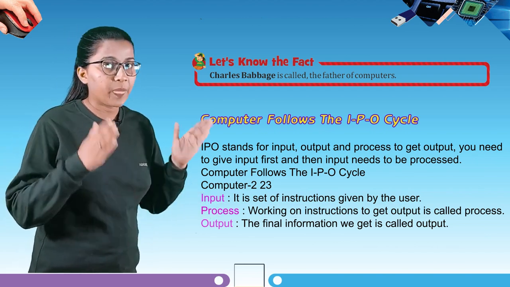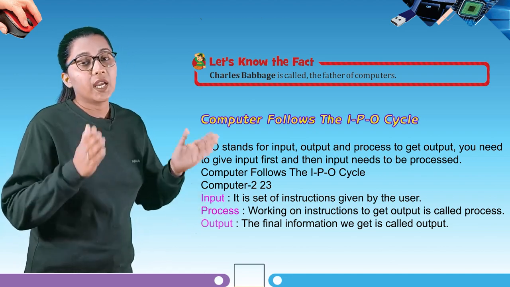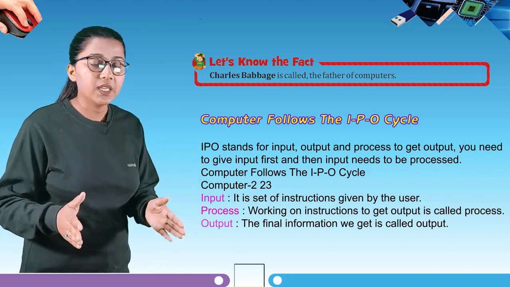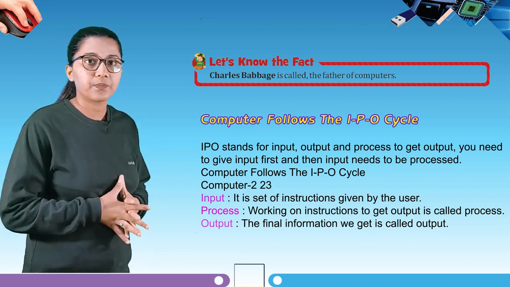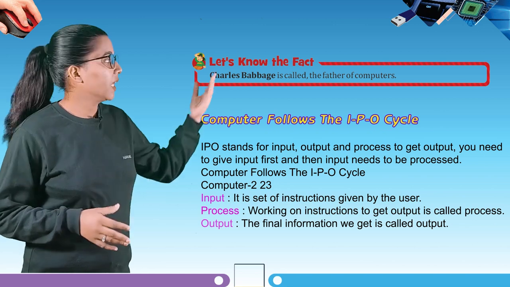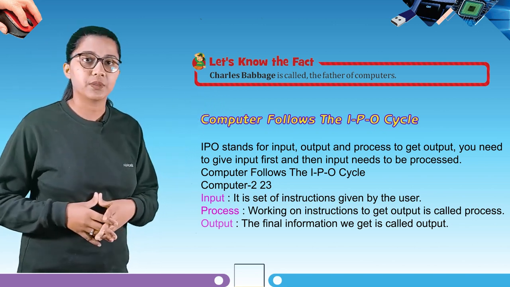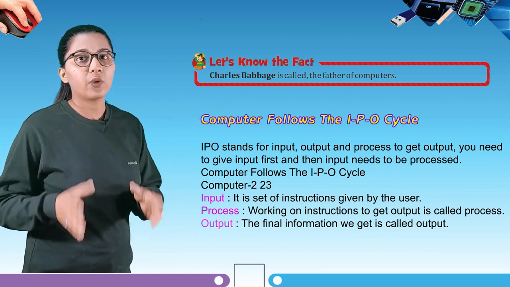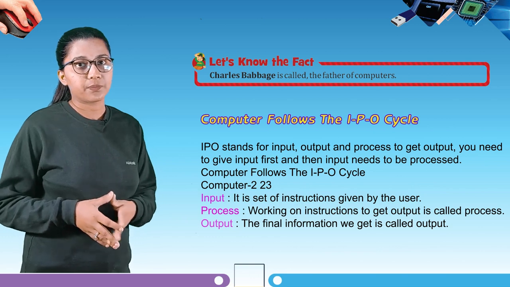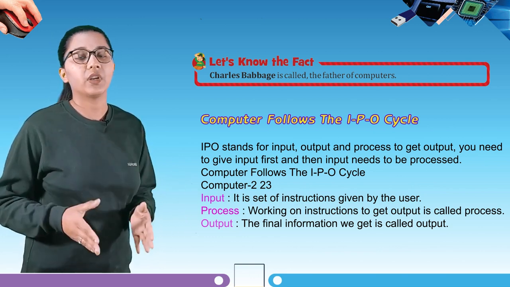IPO का फुल फॉर्म इनपुट, प्रोसेस और आउटपुट है. उसके बाद इनपुट को प्रोसेस करने के बाद हमें हमारा फाइनल प्रोडक्ट एज आउटपुट मिल जाएगा. First we have input. It is set of instruction given by the user. Process, working on instructions to get output is called process. Output, the final information we get is called output.